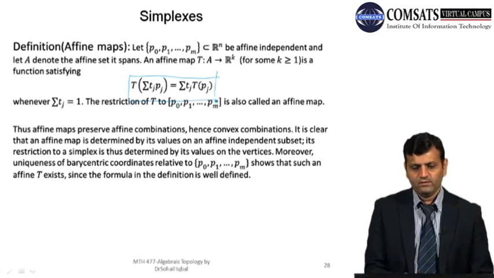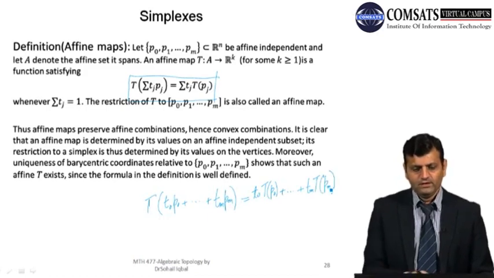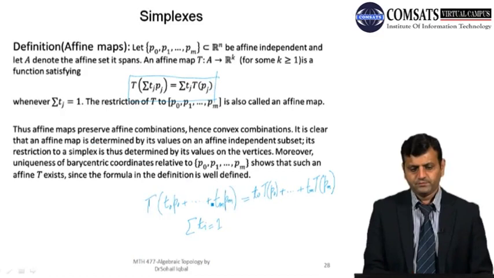T applied to t0 P0 plus up to tm Pm is equal to t0 T(P0) plus up to tm T(Pm), where of course this is an affine combination, so the summation of the ti should be equal to 1.